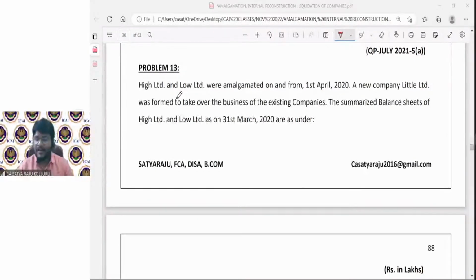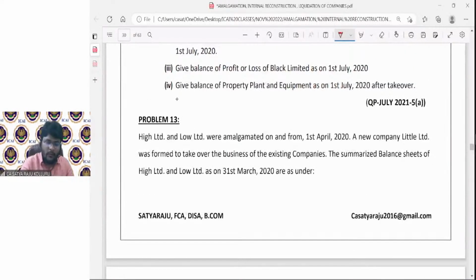I know the examiner's expectations and the students' preparation level, all such stuff. If you have any doubt with respect to that, here I'm providing my mail ID as well, which is CA Satyaraju 2016 @gmail.com.